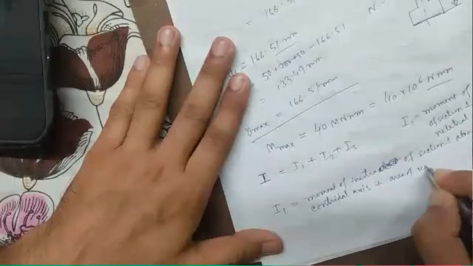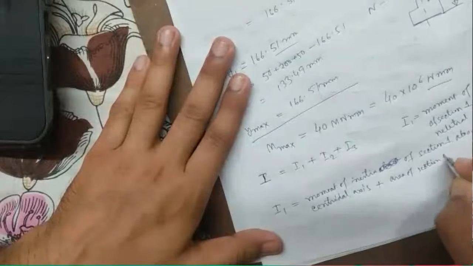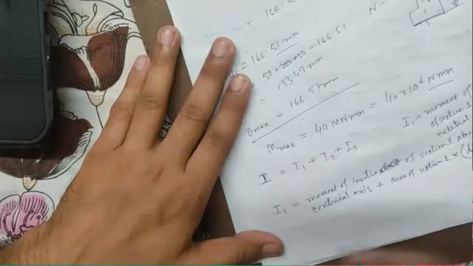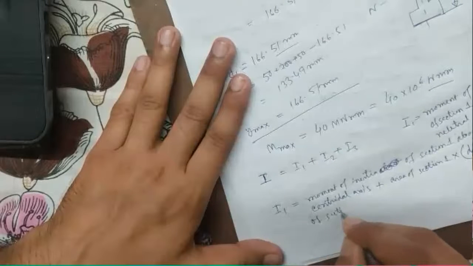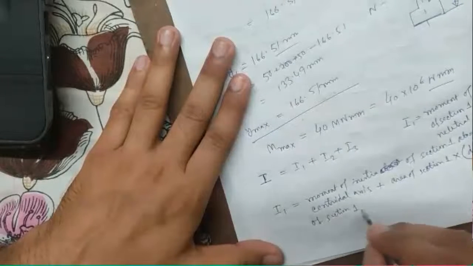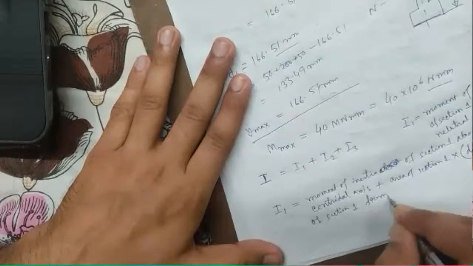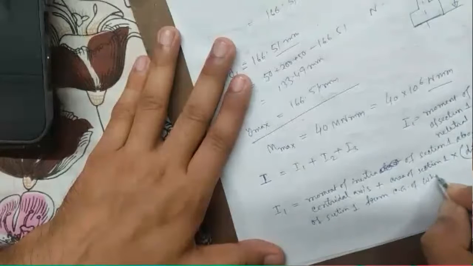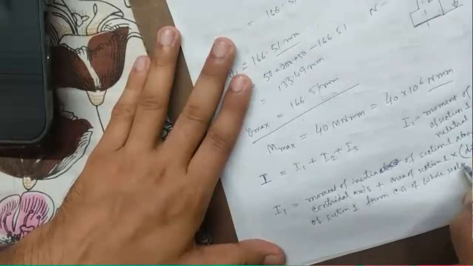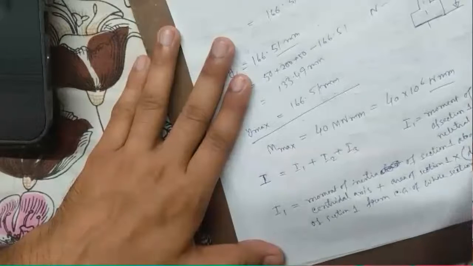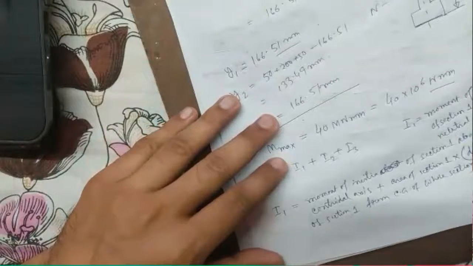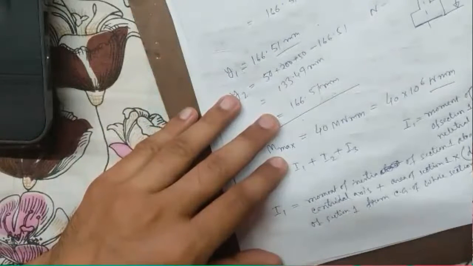area of section 1 into the distance of the CG of section 1 from the CG of the whole section, squared. I dash equal to I plus A D square.